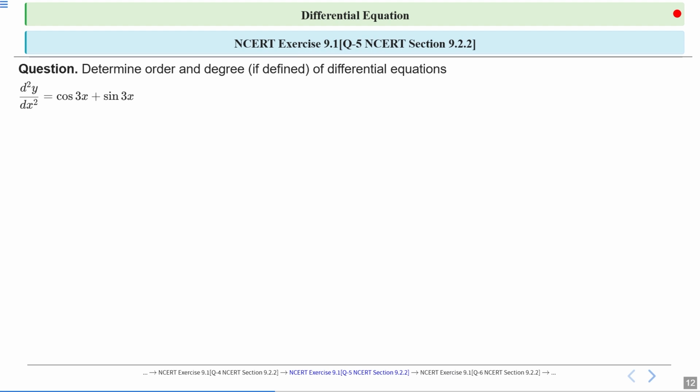Next question is, determine order and degree of the differential equation d²y/dx² = cos 3x + sin 3x. Okay, so just try.